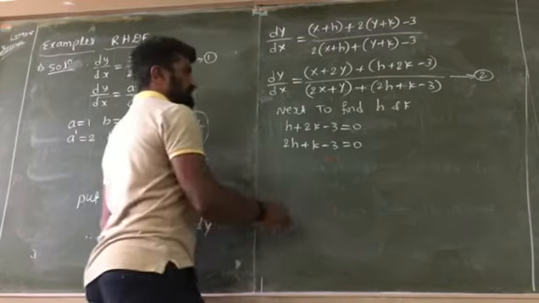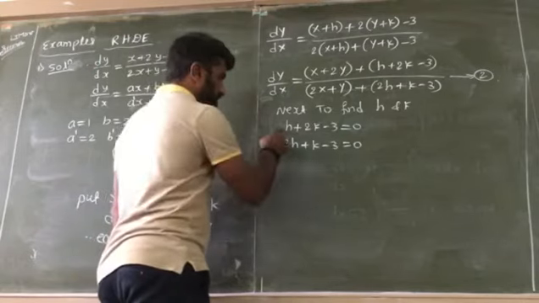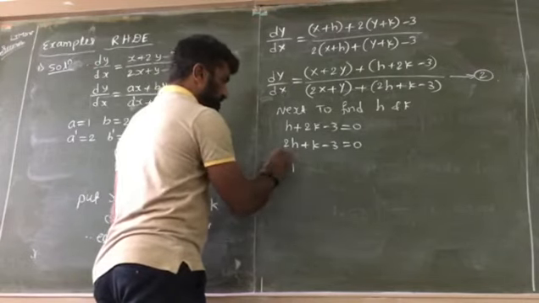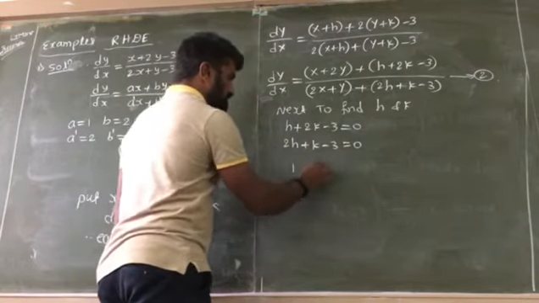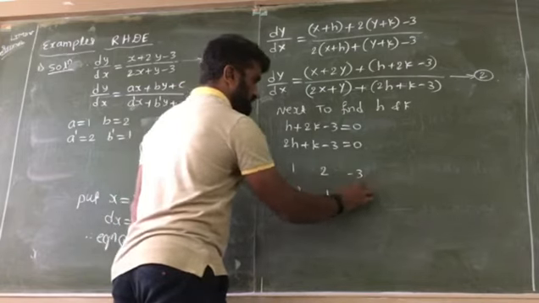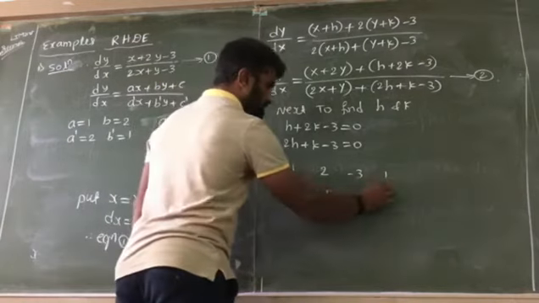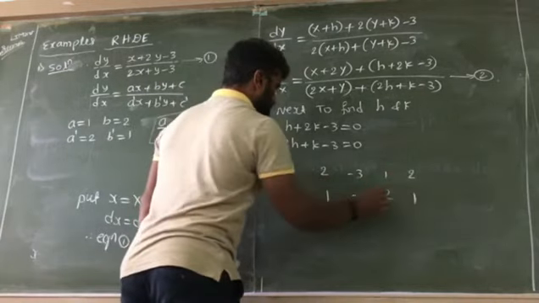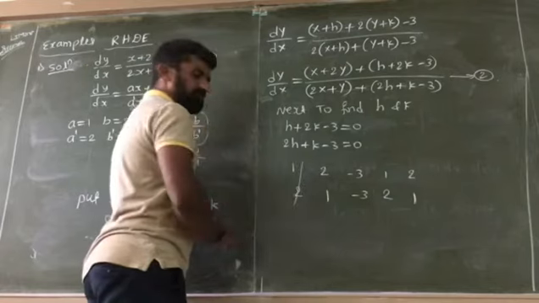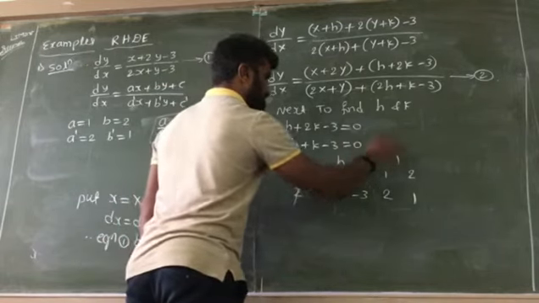To find h and k by the cross multiplication method: the h coefficient is 1, the k coefficient is 2, the constant is minus 3; in the second equation the h coefficient is 2, the k coefficient is 1, the constant is minus 3. Now repeat the first and second column: 1, 2, 2, 1. Deleting the first column, it is h, it is k, and it is the constant 1.